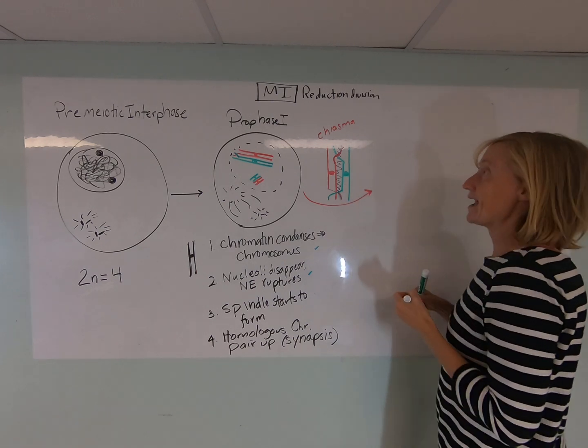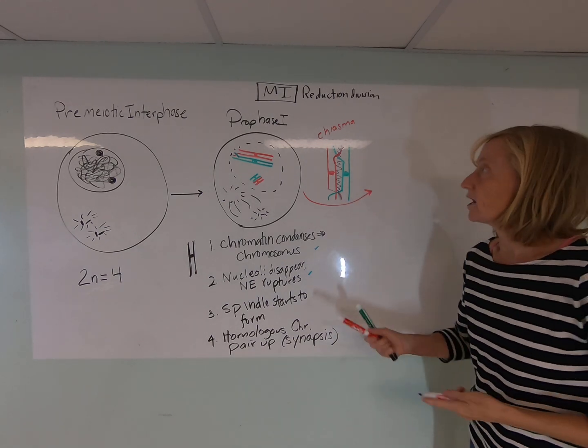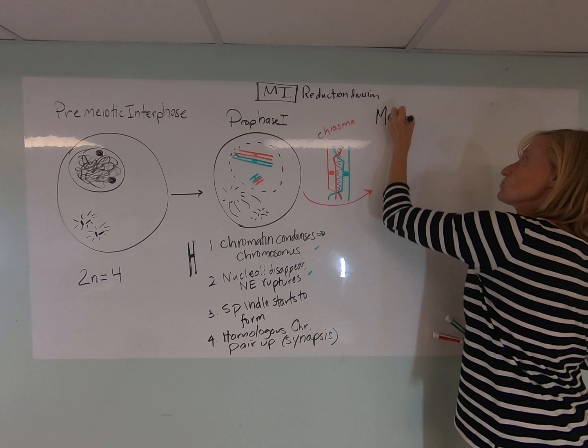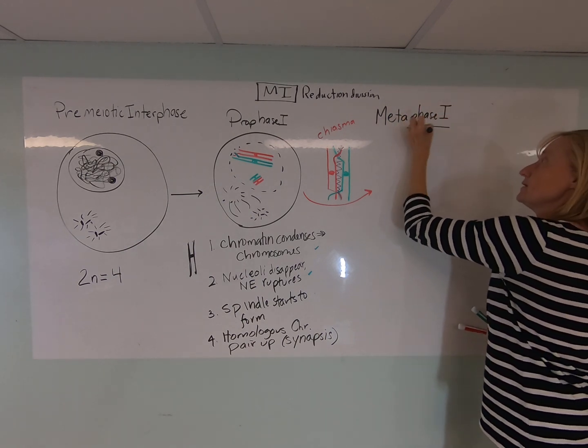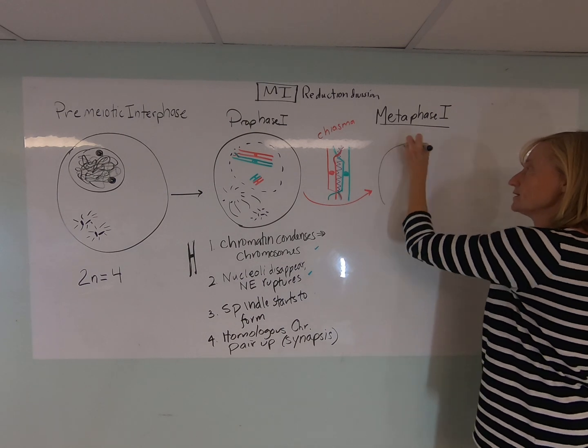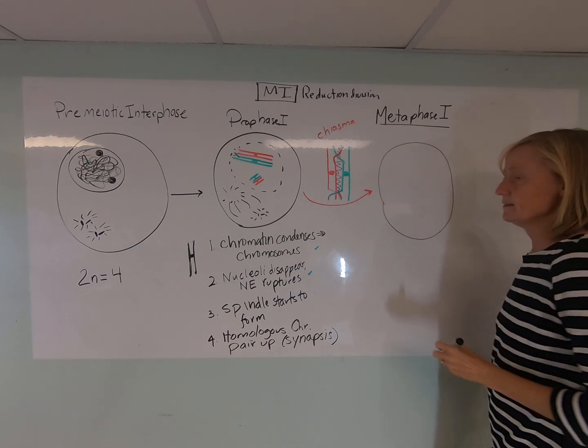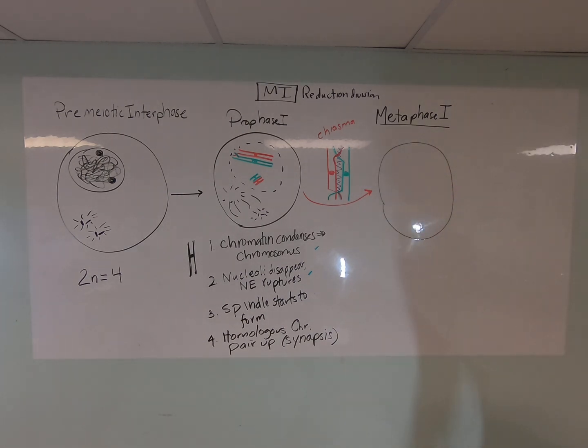What happens next? After prophase 1 comes metaphase 1. Right? In metaphase 1, let's draw it out. Okay, we've got a circular drawing there.